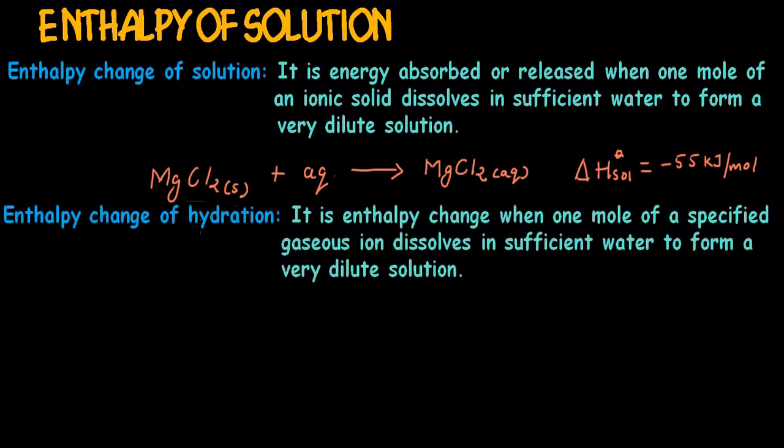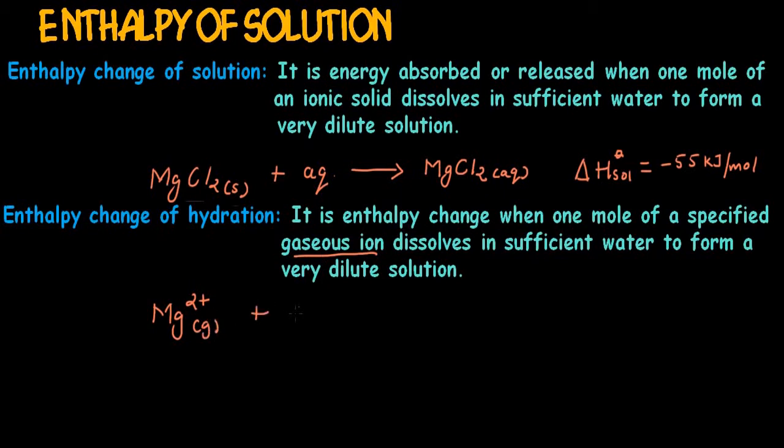The next definition is enthalpy change of hydration. Enthalpy change of hydration is the enthalpy change when 1 mole of any specified gaseous ion is dissolved in sufficient water to form a very dilute solution. Now let's also understand this with the help of an example. Here we are talking about gaseous ions. So let's take a gaseous ion, say magnesium ion. That's a gaseous ion, so G has to be written.